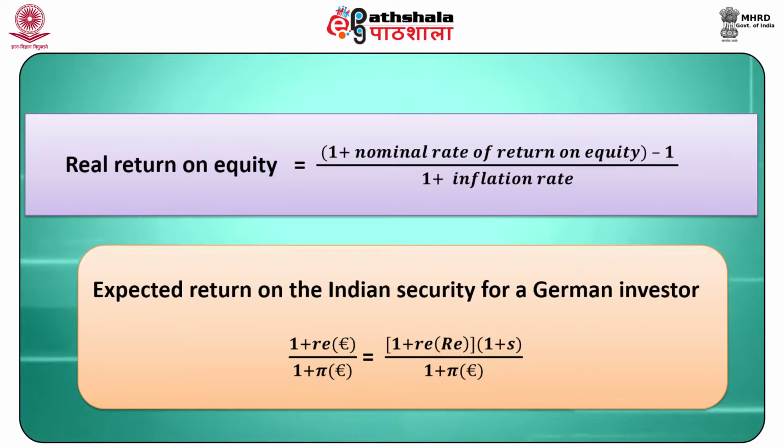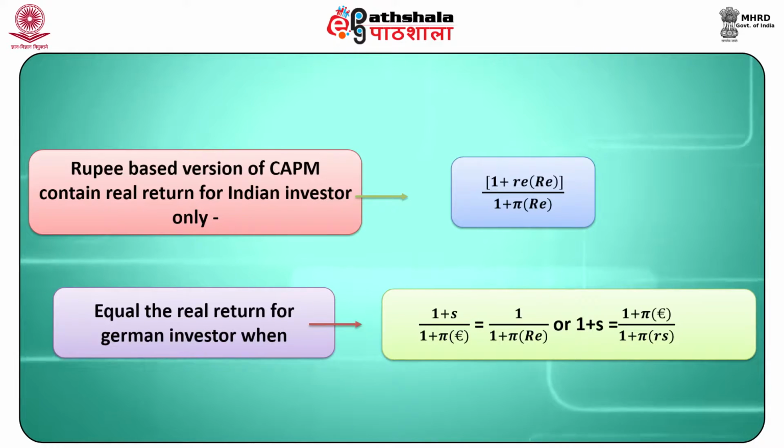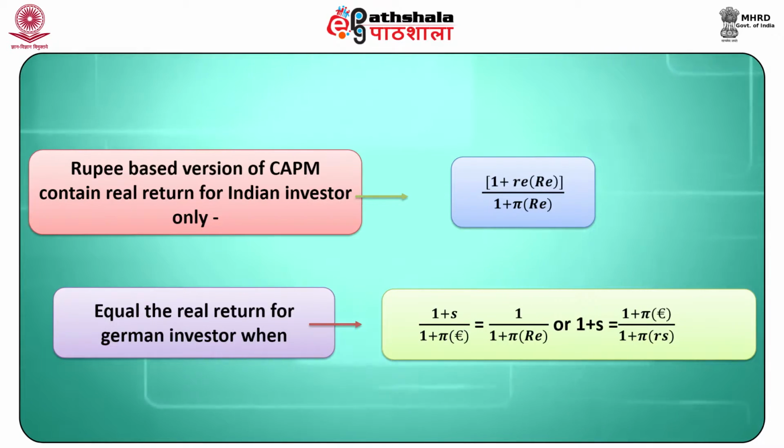Now the expected return on the Indian security for a German investor will be 1 plus RE in euro divided by 1 plus pi in euro, which is equal to 1 plus RE in rupees into 1 plus S divided by 1 plus pi in euro, where S represents the percentage change in the euro-rupee exchange rate. But the issue is that the rupee-based version of CAPM contains real return for the Indian investor only, which is 1 plus RE in rupees divided by 1 plus pi in rupees.